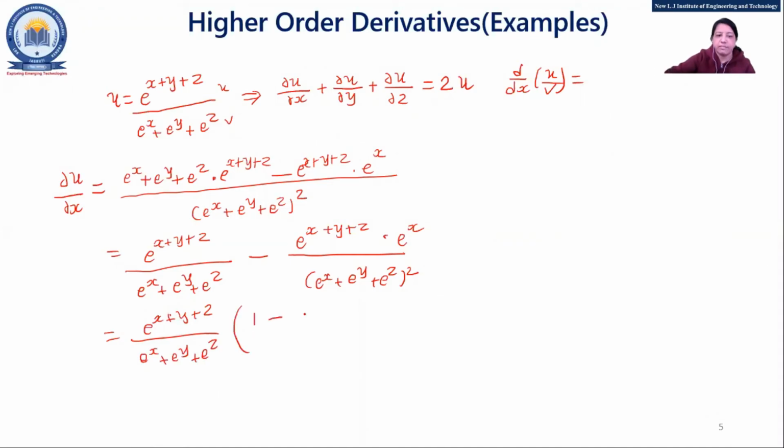So 1 minus e raised to x upon e raised to x plus e raised to y plus e raised to z. Now the square is not supposed to be there. So that is my del u by del x.